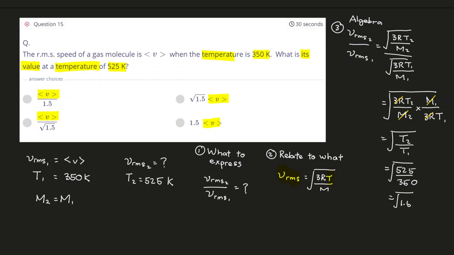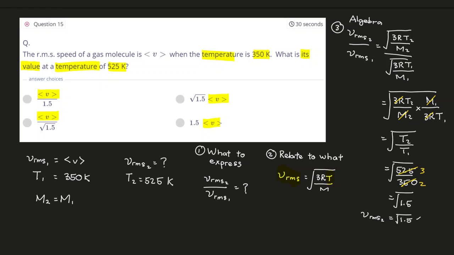1.5. Okay, you might get a weird value in your calculator, but if you do it slowly, you can actually see that this is 3, this is 2. So 3 over 2 is just 1.5. Once you reach this stage, I believe it's easy to see that VRMS2 is equal to the square root of 1.5 times VRMS1.